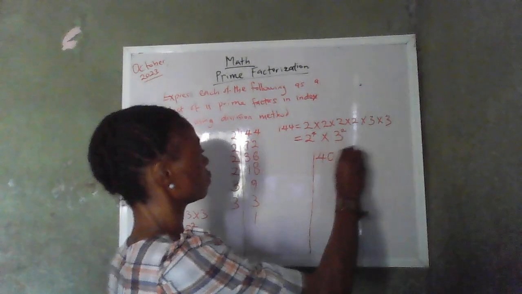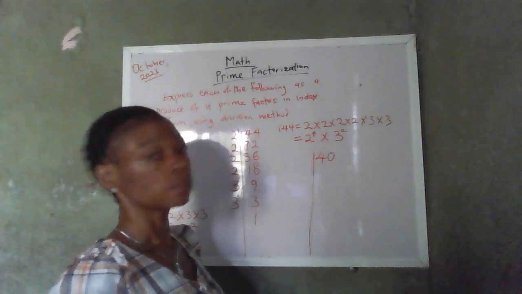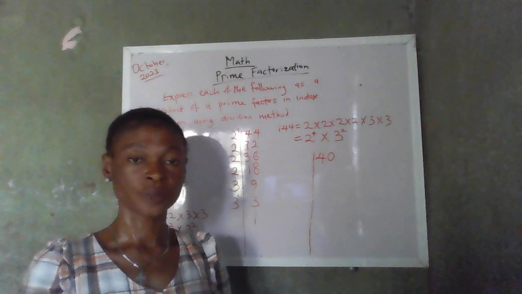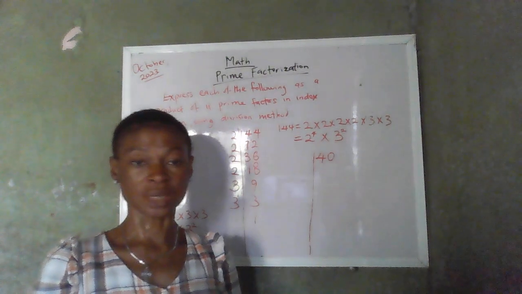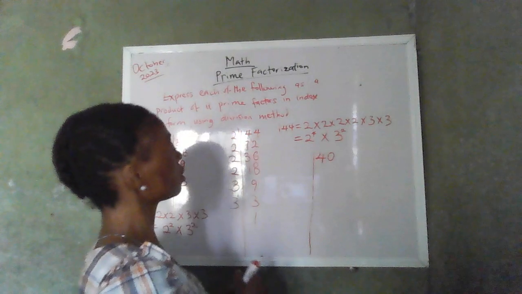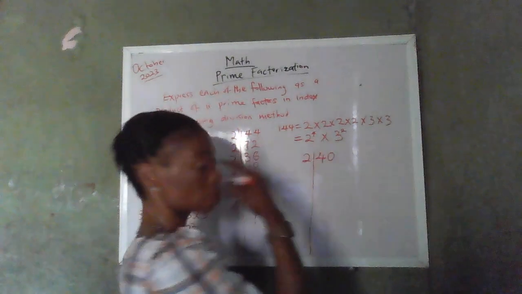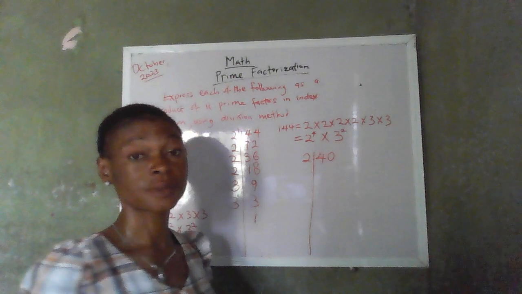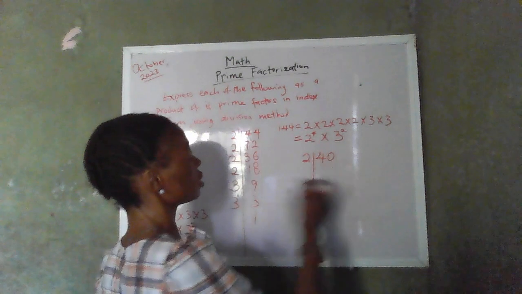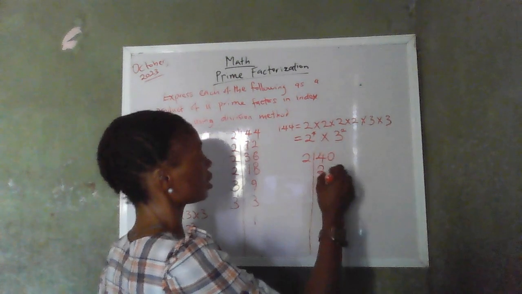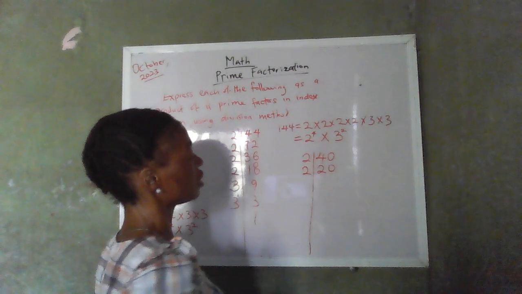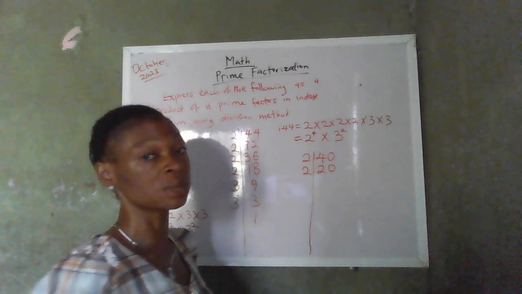Okay, pens down, and let's solve it together. Take the lowest prime factor, 2. 4 divided by 2, we have 2 times, and then 0 is 0. 20 will still be divisible by 2.